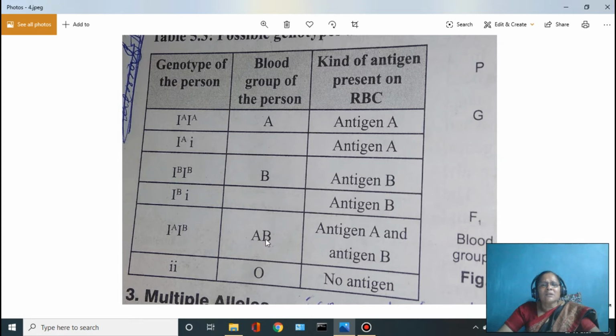That is codominance. Both the dominant alleles are equally expressive.